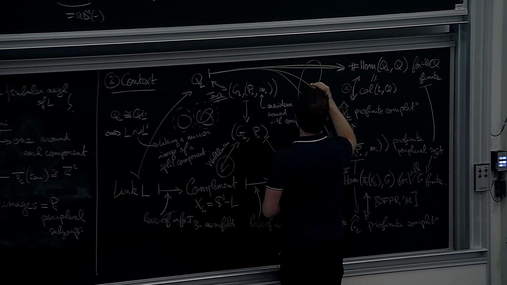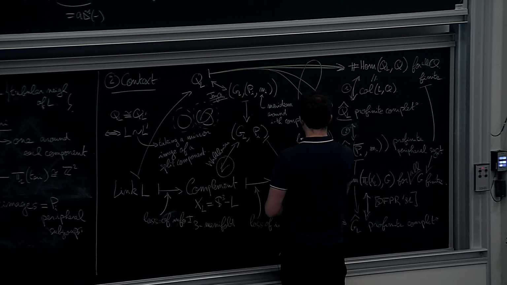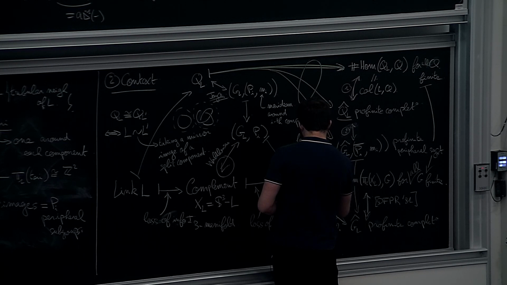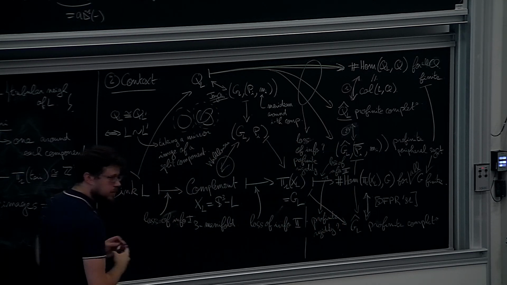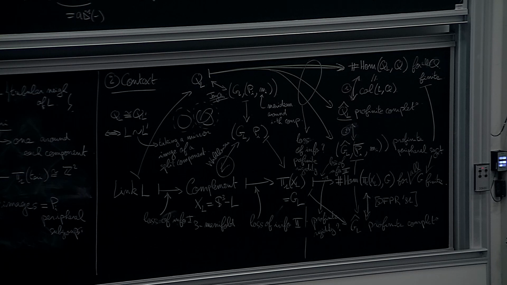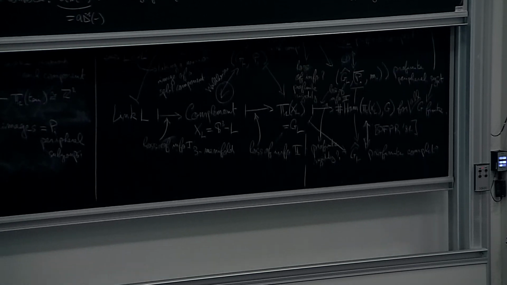And the question of loss of information here is a question of profinite rigidity. And actually, it was conjectured, at least in the world of quandles, that there was no loss of information. And let me write down the conjecture now.